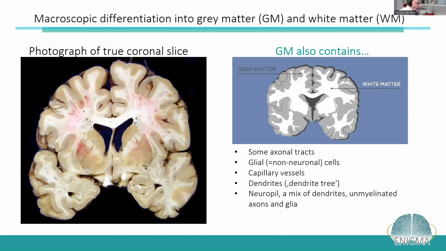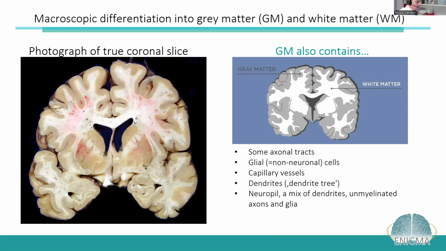Now, gray matter does not exclusively contain neurons, but it also contains axonal tracts. It contains glial cells, capillary vessels, and of course, the dendrites, so the whole dendrite tree of a neuron.